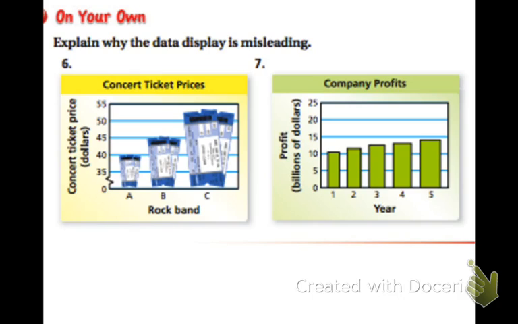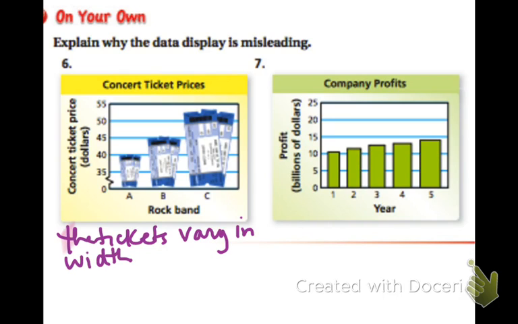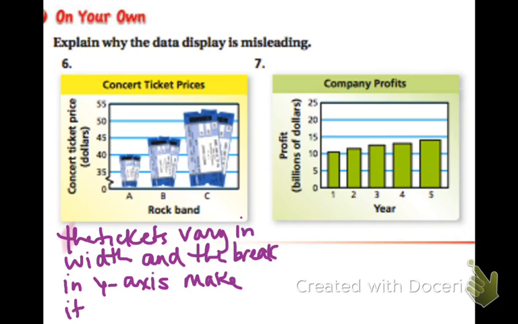So in 6, I'll rewrite this for you so that you have it. Let me get a pen. The tickets vary in width and the break in the y-axis make it misleading. Makes it appear that band C is a much greater ticket price.